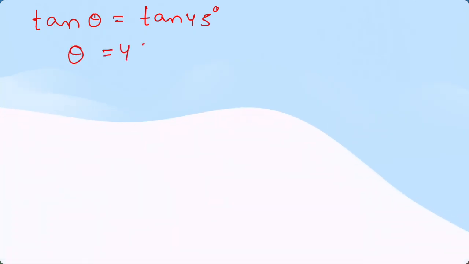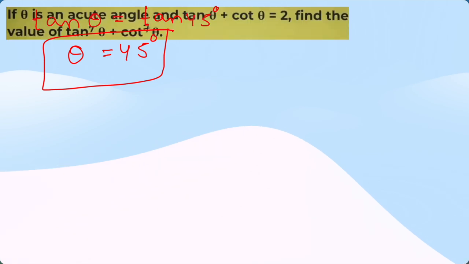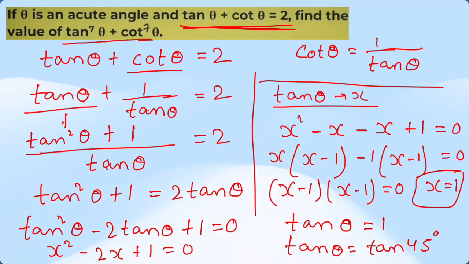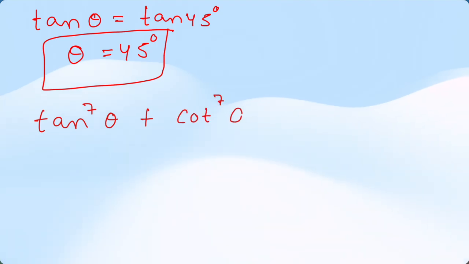Theta equals to 45 degree. Now we know the value of the angle, that is 45 degree, right? What we have to do now is find the value of tan 7 theta plus cot 7 theta.